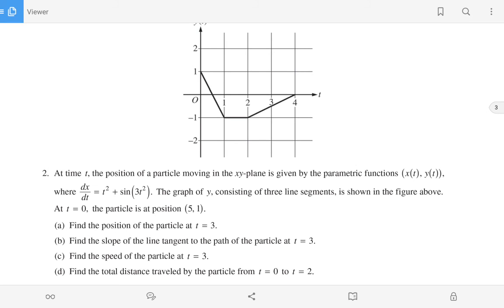From 0 to 1, y prime is negative 2. Sorry, it's negative 2. So y prime of t squared from 0 to 1 is negative 2 squared, which is 4.